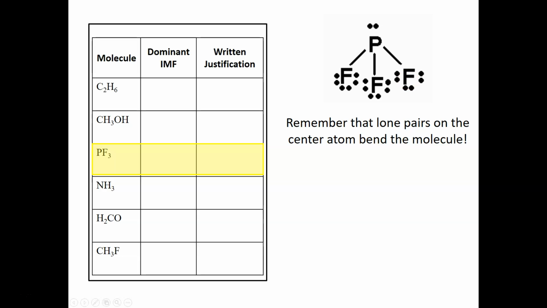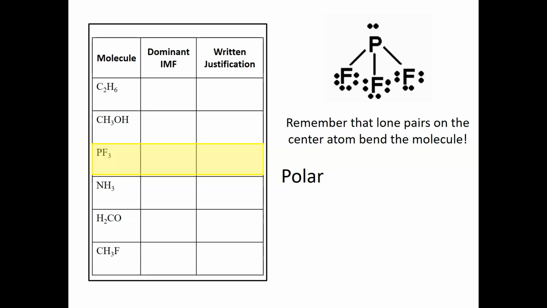That's going to mean that while the left and right are the same, now the top and the bottom are different. So since it's been a while since we drew Lewis structures, I don't know if you remember that this lone pair can bend things, and that changes the shape. Now we can see that this is a polar molecule.